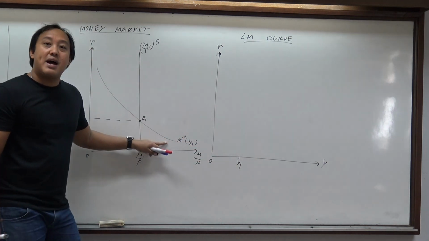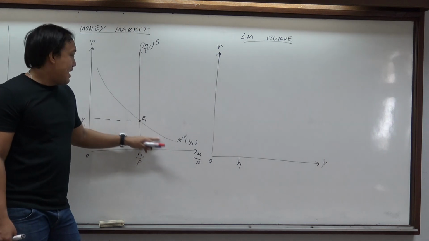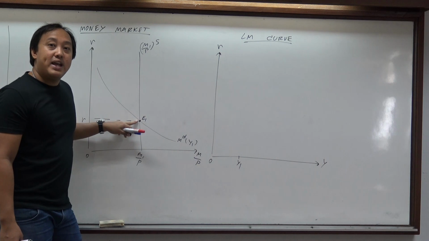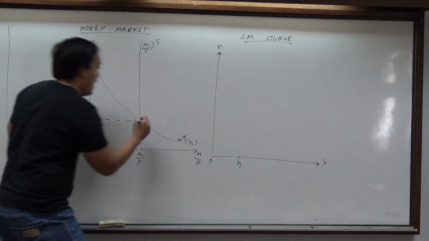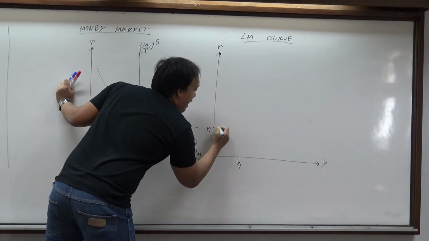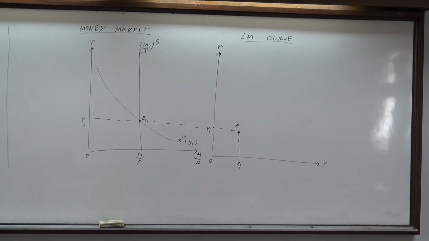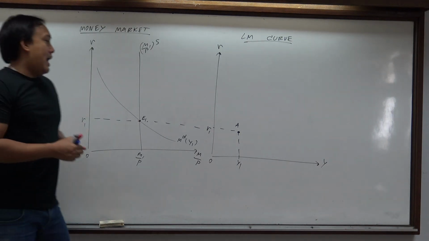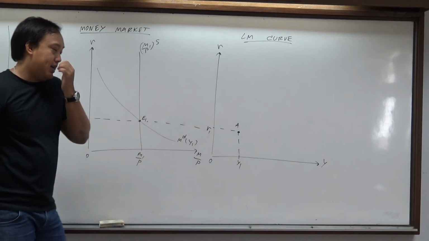Assume that Y1 is somewhere here. Because you have national income equal to Y1, you have this money demand curve, and then you have equilibrium point E1 and the real interest rate at R1. Then you link R1 and Y1 together, and I got point A. Okay, this is what I have.